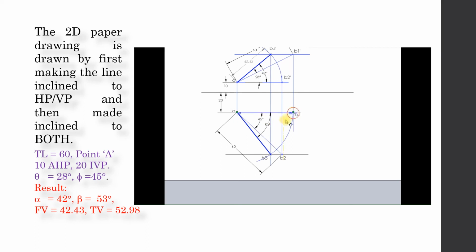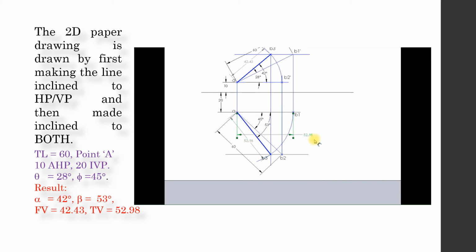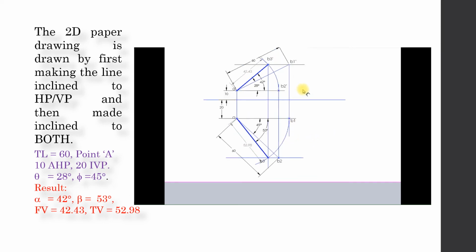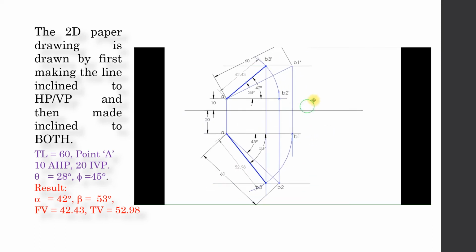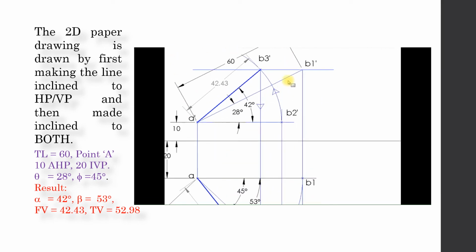Now check that small AB1 is the plan, or top view, of the line when inclined to HP. Its magnitude is the same as when the line is inclined to both the planes. That is, AB3 and AB1 magnitudes are the same.